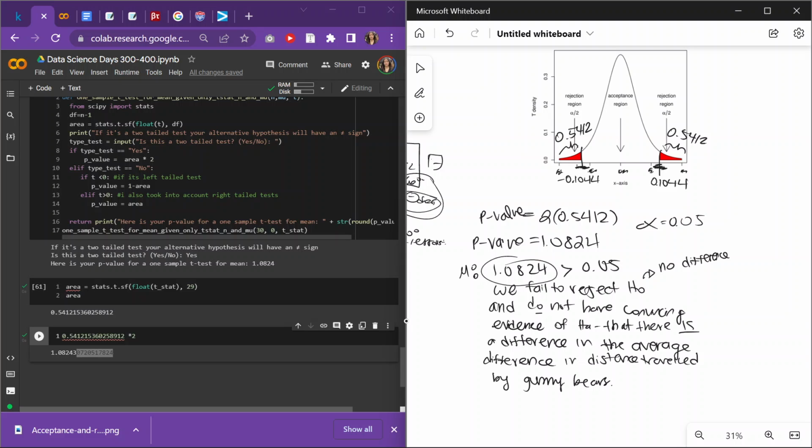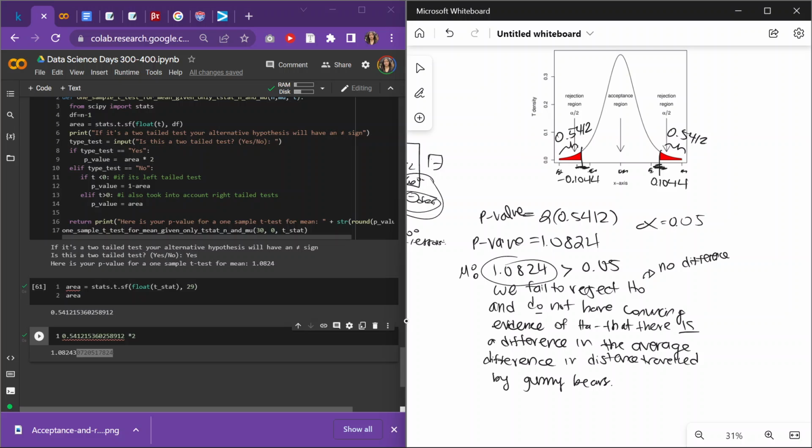1.0824. That's the probability of getting a t-test such as the one we just got, or larger or more extreme, in another sample.